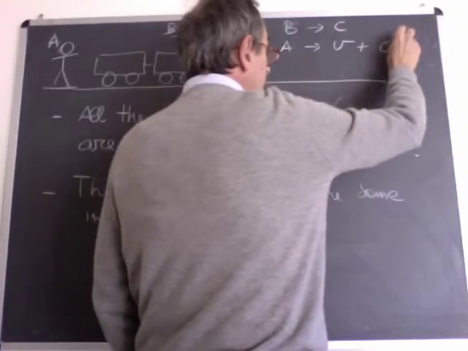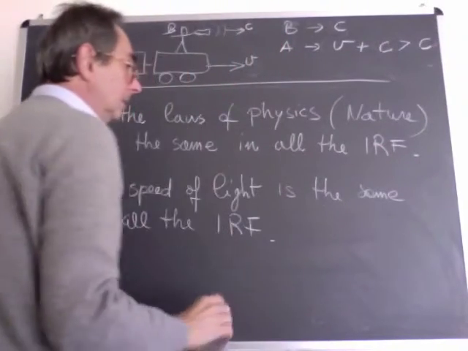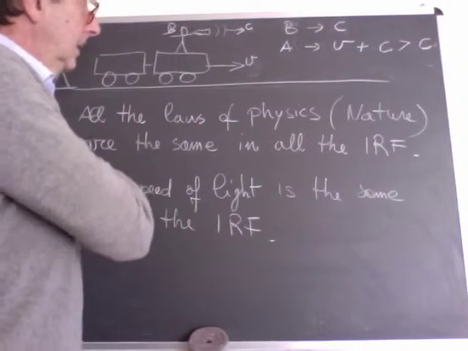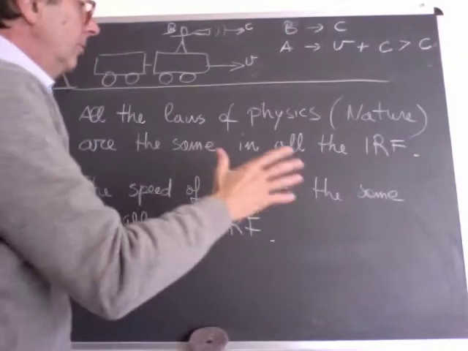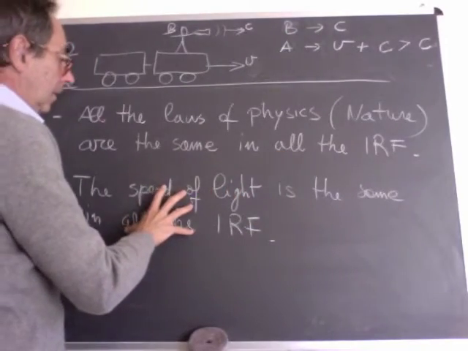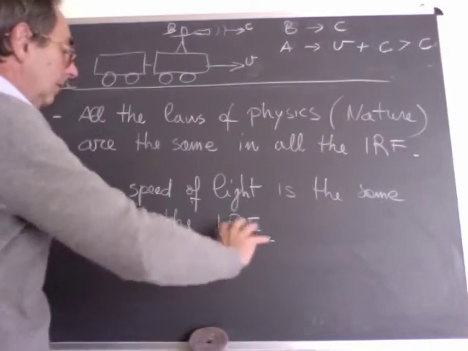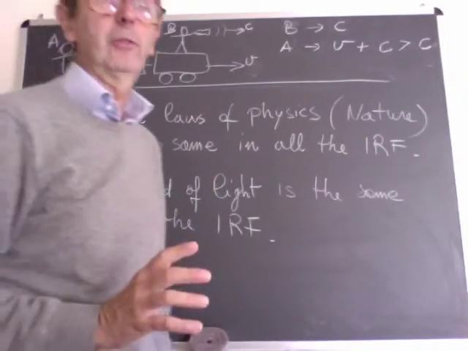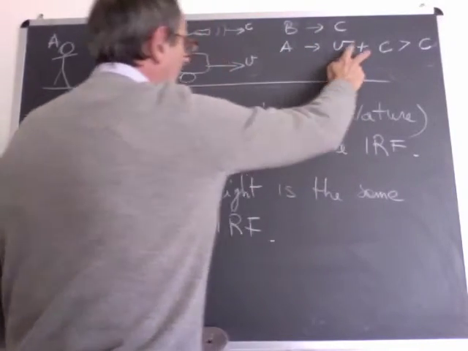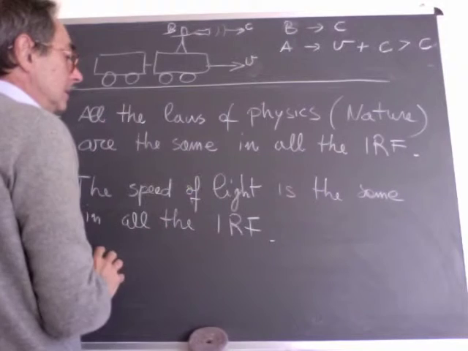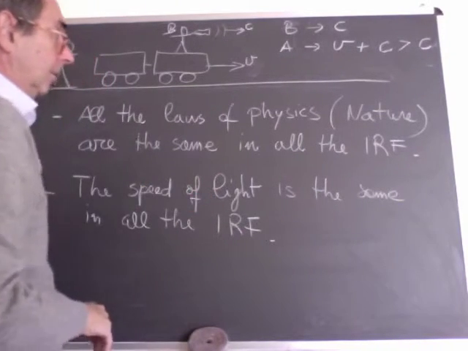But this is greater than c, so this situation would contradict our second basic assumption that the speed of light must be the same in all the inertial reference frames. So if this formula is true, we have a contradiction with the second fundamental principle.